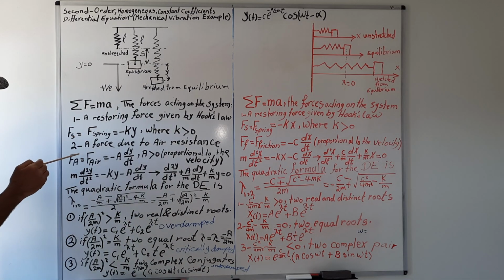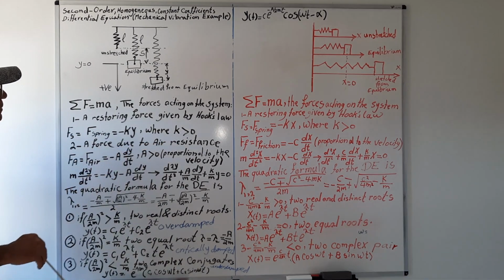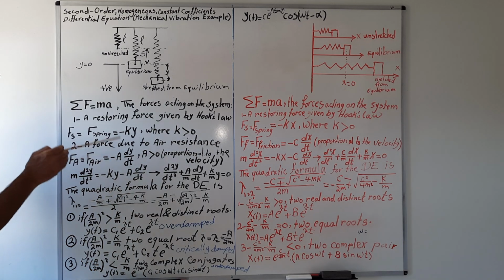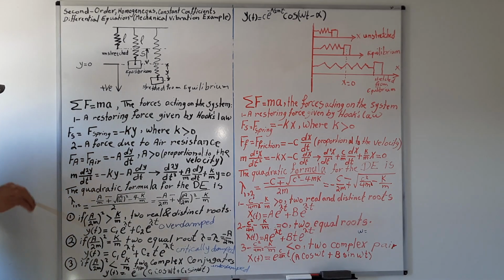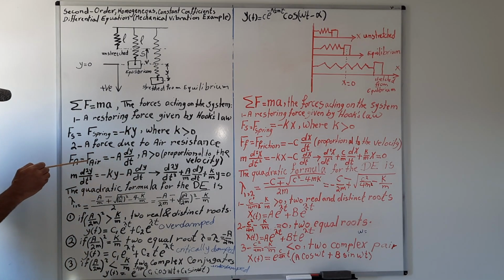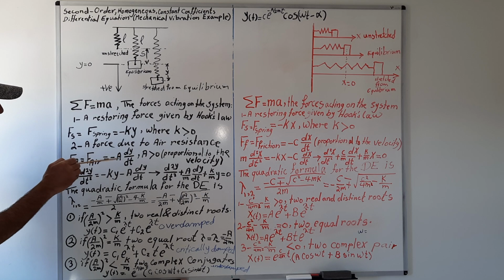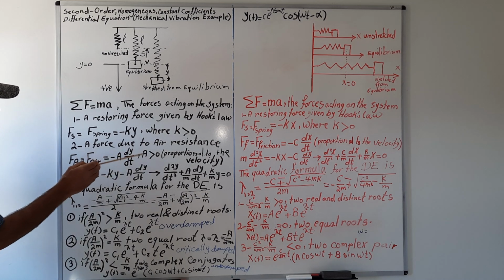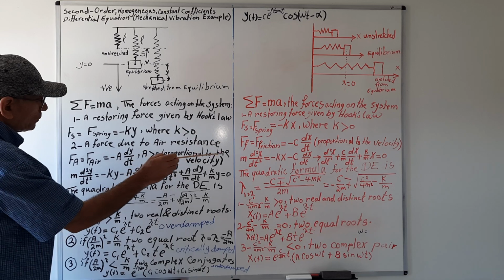And the second one is the force due to air resistance, which is the damping force. It tries to decelerate the motion up and down. The force of the air equals minus a times the velocity, dy over dt, where a is bigger than 0; it's proportional to the velocity.